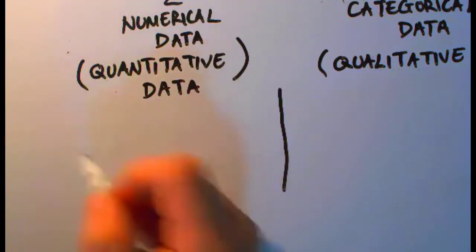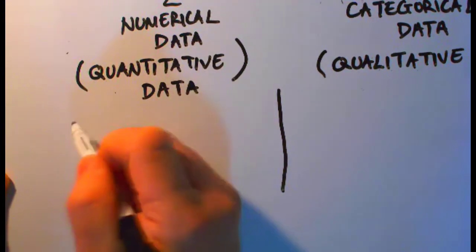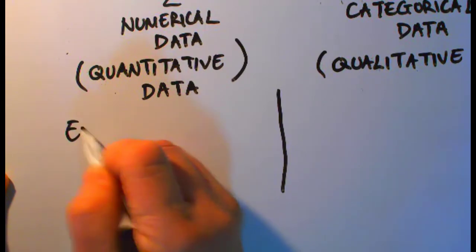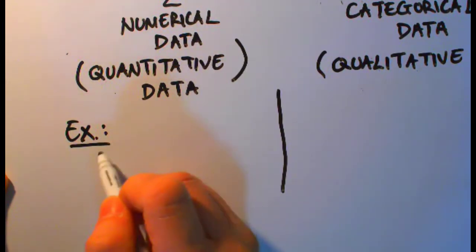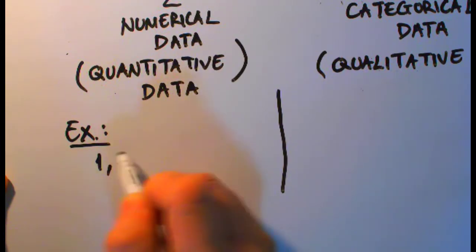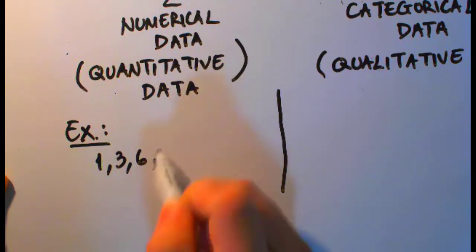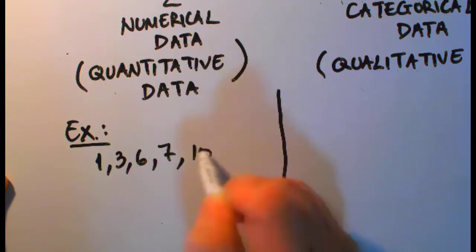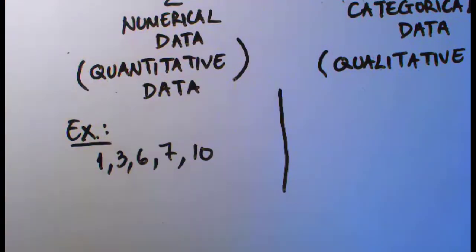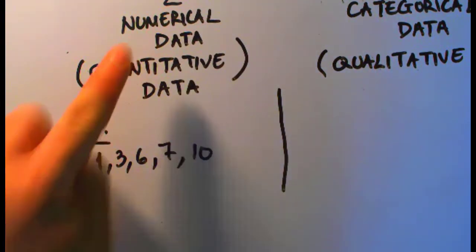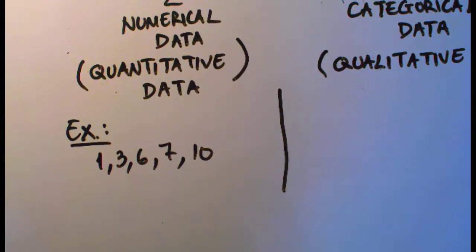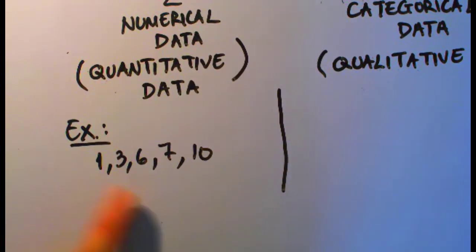The numerical data type, or quantitative data type, can be simply a list of numbers. For example, we have a data list with these values: 1, 3, 6, 7, and 10. It doesn't have to be too big, it can just be a small list of data. You can see that the name numerical data pretty much reflects its nature: this data contains numerical values.